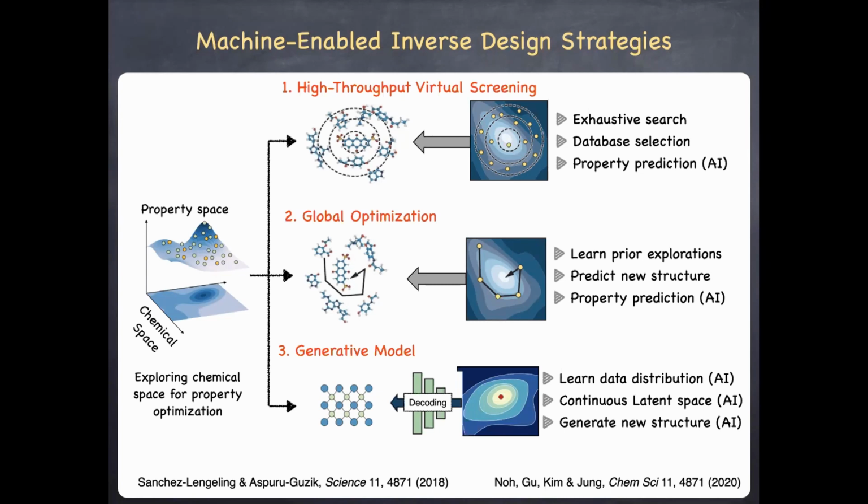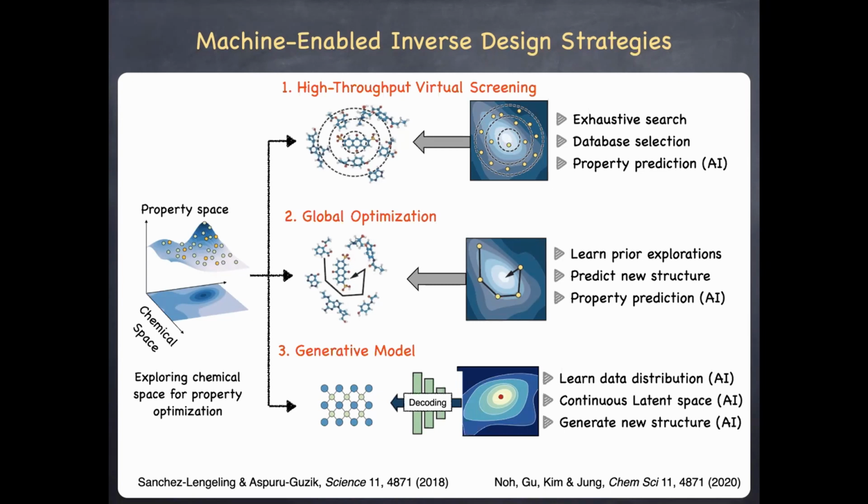So it is essentially an exhaustive search, but within the database that you have chosen. It is exhaustive, but the downside is that you cannot go beyond the database. So once the target material is not in the database, then there is no chance that you can find the material that you want.